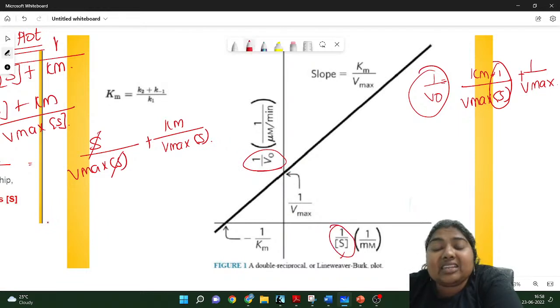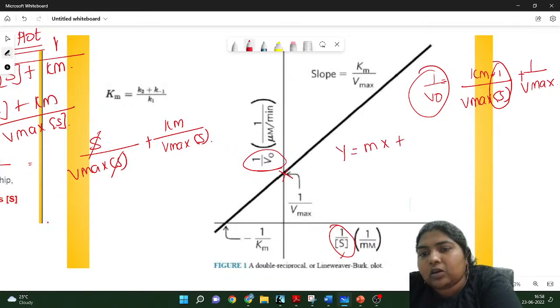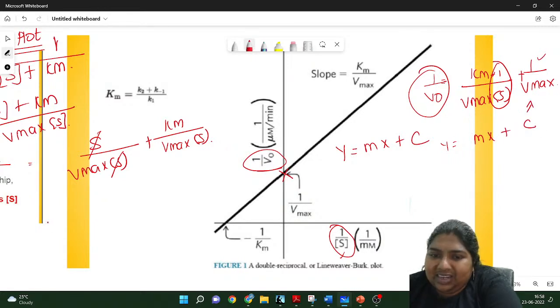Now there is going to be a y-intercept. Your y is equal to mx plus c, no? So what is the y-intercept? It is your 1 by V max, because c is going to be 1 by V max.